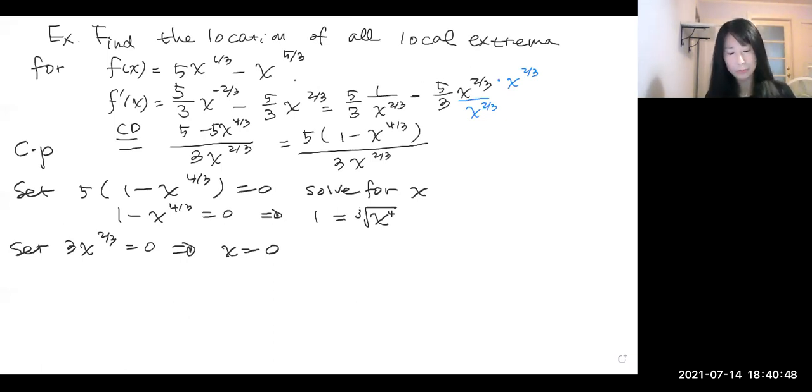How? Cube, isn't it? So we get 1 equals x to the fourth power. Now, how do we solve for x?